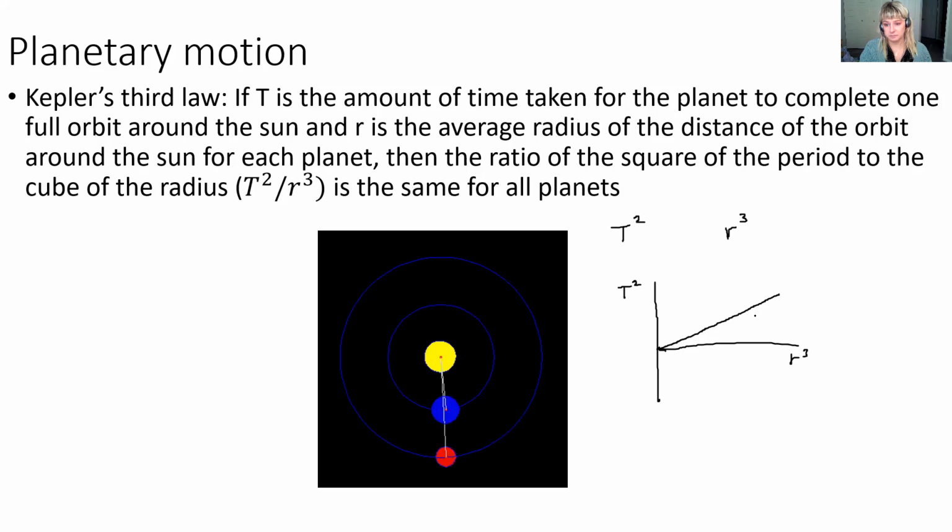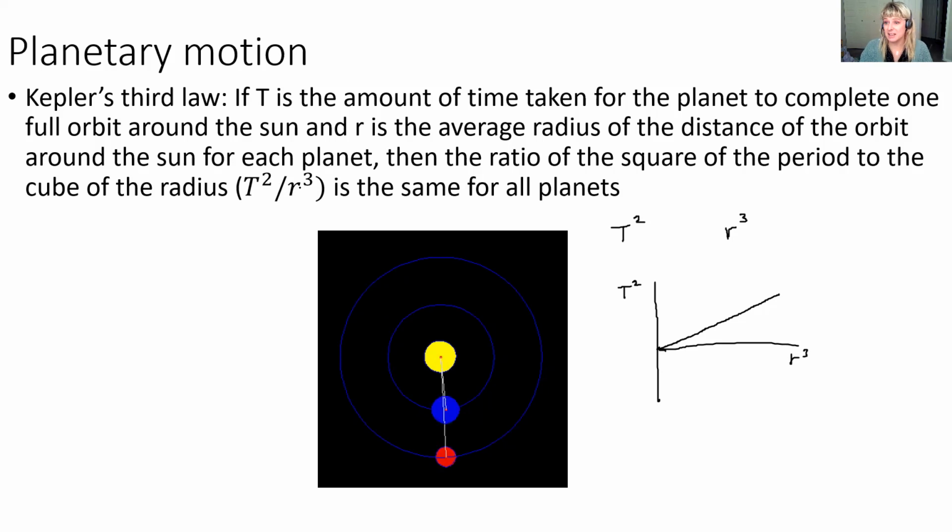And so that means that if I know the period for Jupiter, I can tell you how far Jupiter is away, because I know what the period for Earth is and the radius for Earth is.